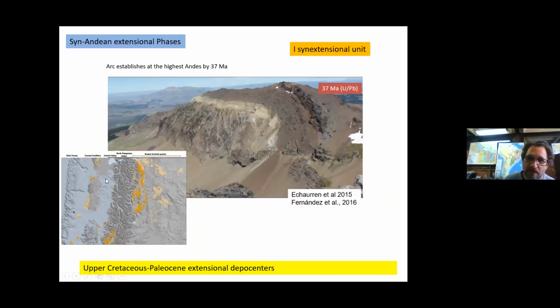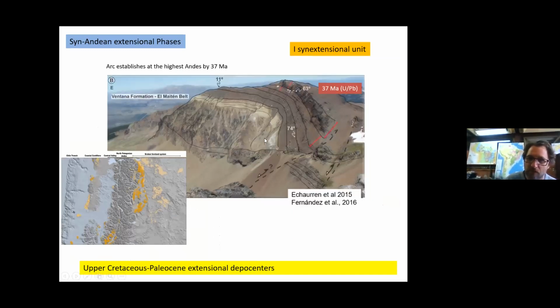This extension is younger in the Patagonian region. You can see wedge-like deposits in this case, which are late Paleocene in age. All the units in the retroarc zone are controlled by extensional deformation and are forming isolated depocenters, which are younger than the ones that are described to the north.